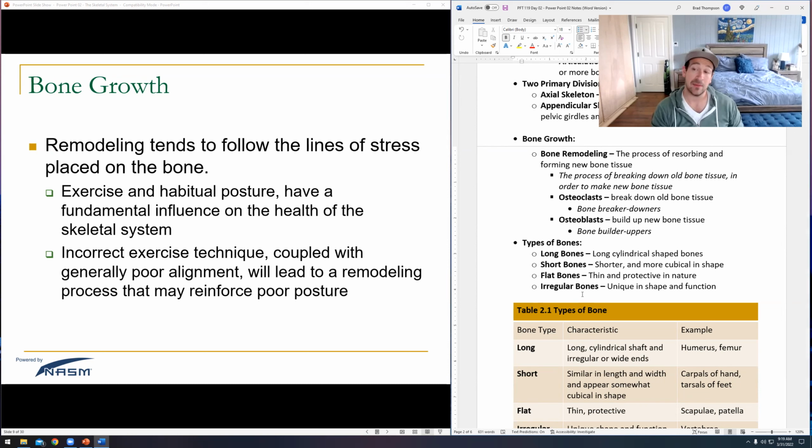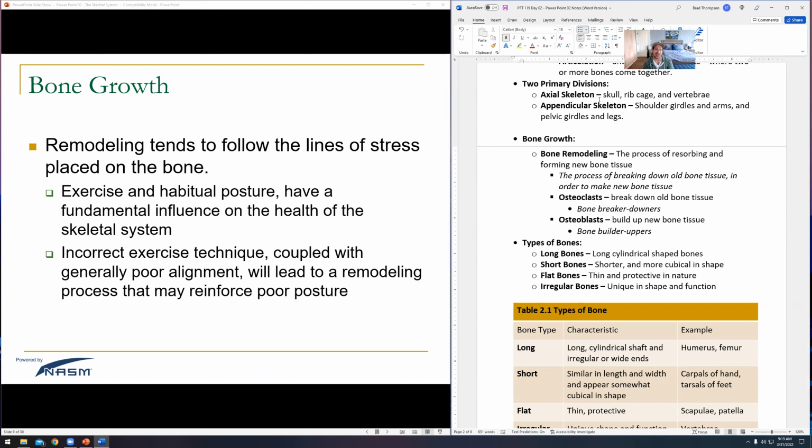Now, one thing to keep in mind about bone remodeling, and another example of form following function, is that remodeling will tend to follow the lines of stress that are placed upon your bones. What I mean by that is your bones will reflect whatever type of stress you put on them.